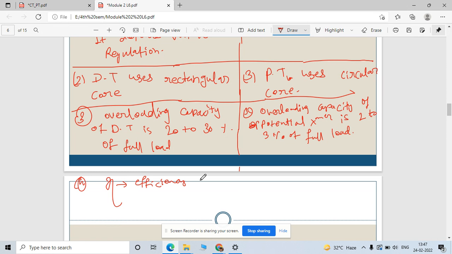And in potential transformer, the main criterion is accuracy, because whatever the voltages are there, we know those voltages. So you can say that accuracy is the important, main criterion. That's a small description about this potential transformer.